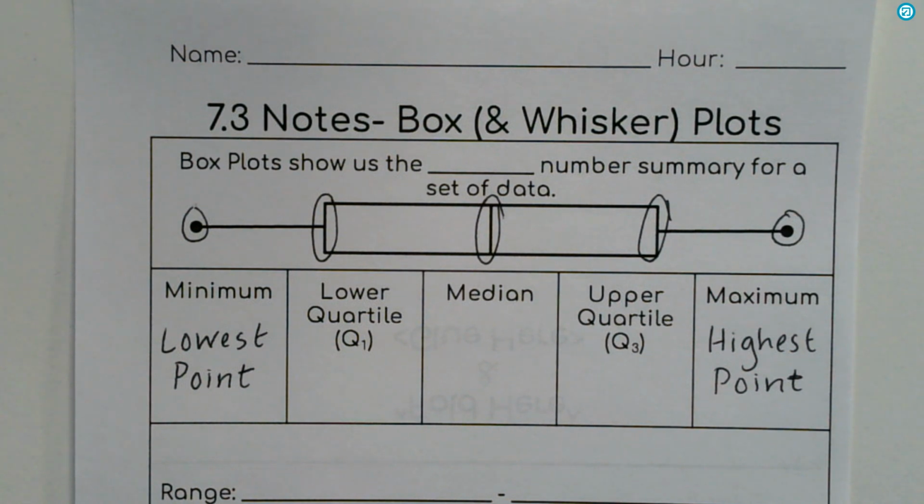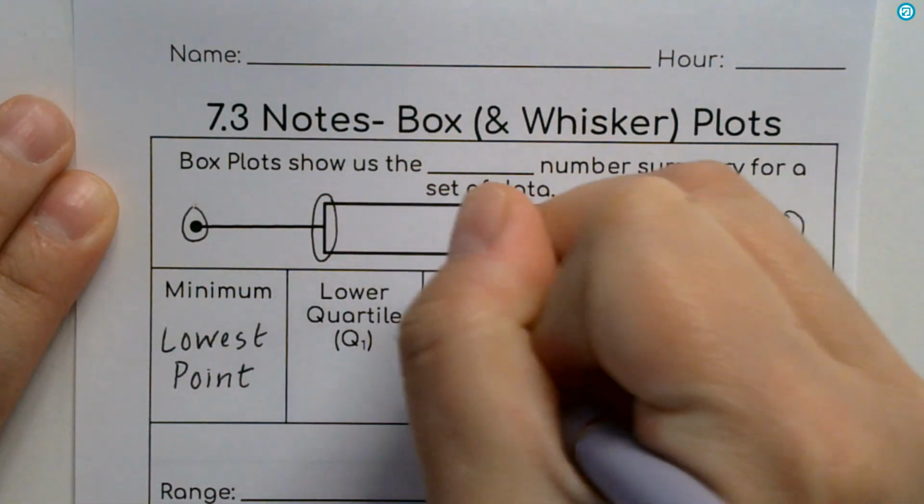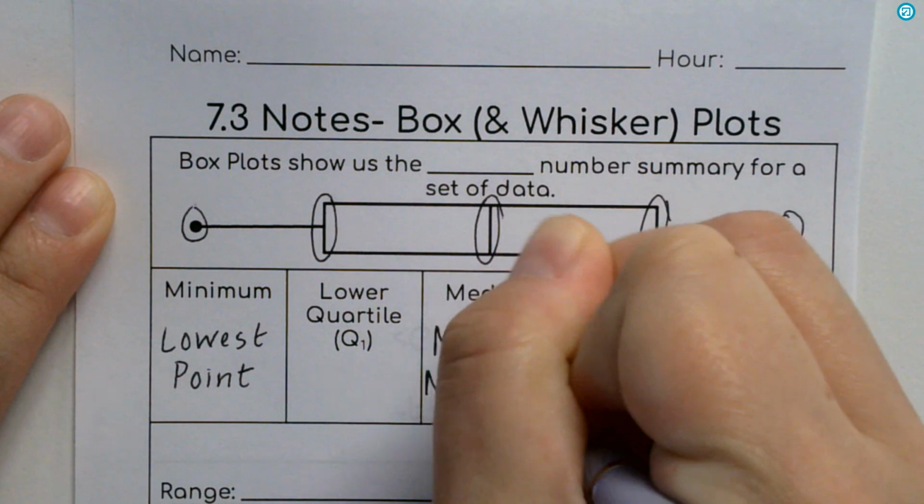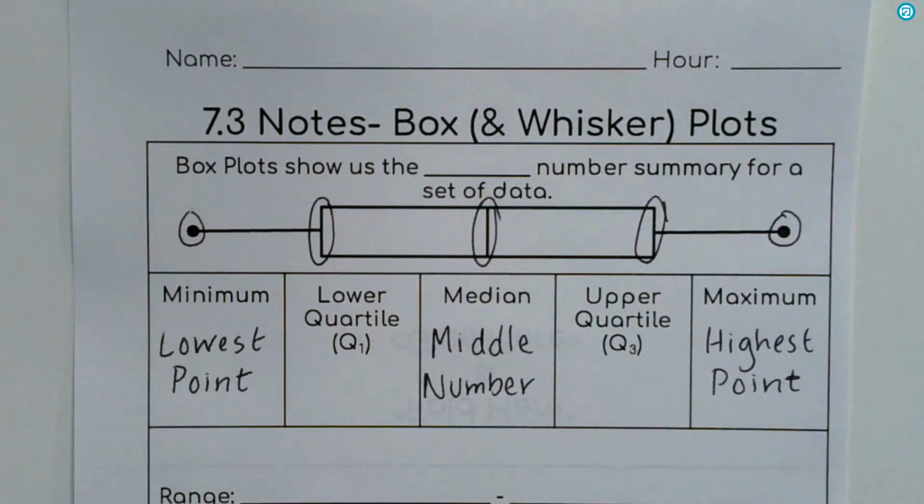Okay. Your median is the number that is in the middle. We've already found medians. So we got to put our numbers in order, and then it is the middle number. So we already knew how to find medians. Minimum and maximum is easy. It's just highest and lowest. And once they're in order, it's super easy.